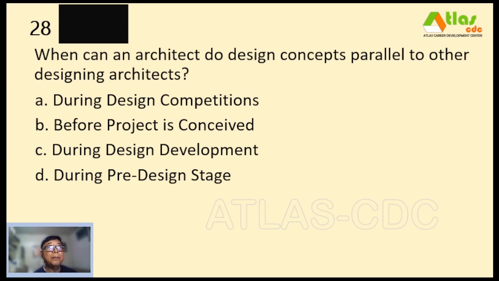28. When can an architect do design concepts parallel to other designing architects? A. During design competitions. B. Before project is conceived. C. During design development. and D. During pre-design stage.